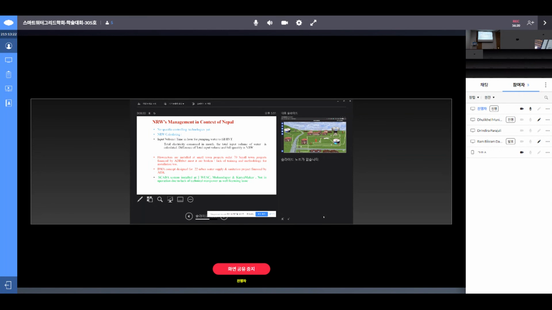NRW is calculated as I mentioned earlier, including volume and time in hours from the water source to the reservoir tank, and total water input is calculated. The difference between total input and consumption is NRW.